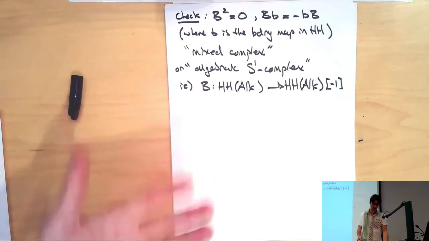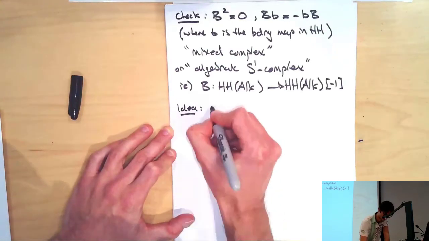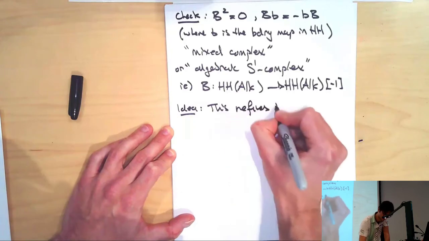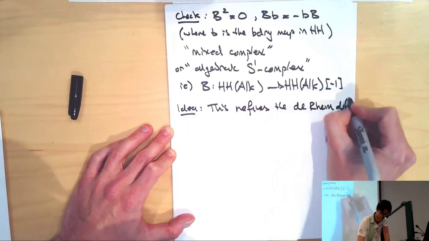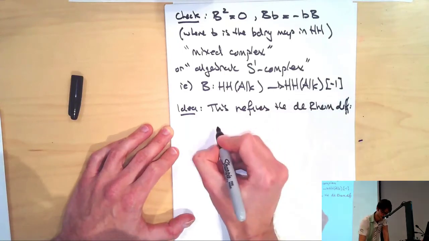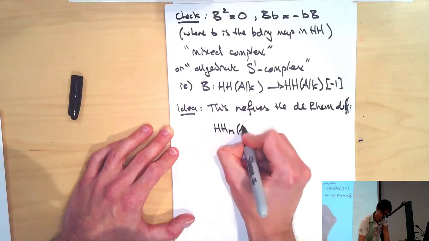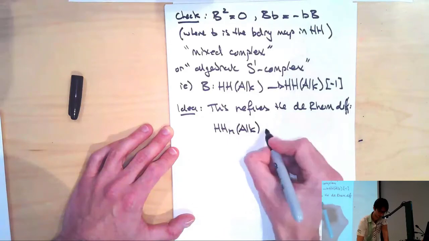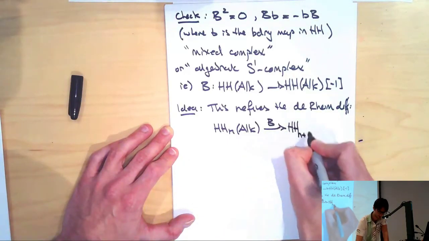So the idea of this operator, I was going to say lift, but let me really say this refines the de Rham differential, in the following sense. The fact that B is compatible with little b means that I get an induced map on the Hochschild homology groups.